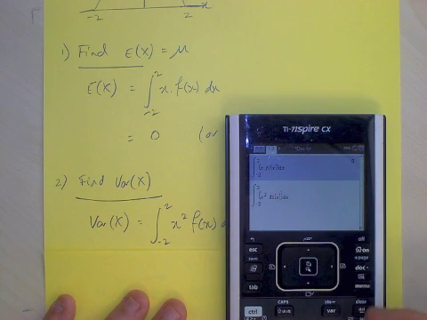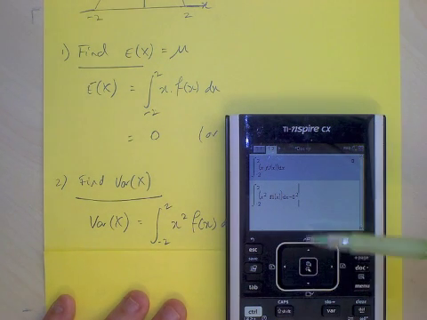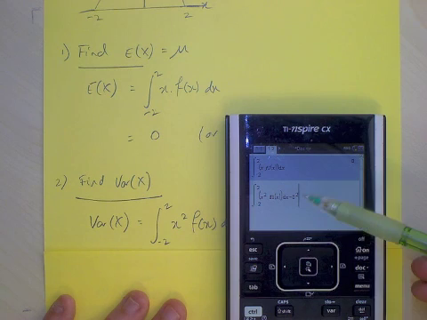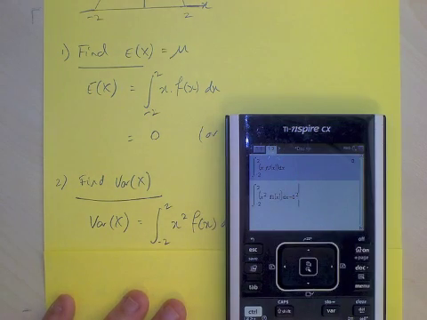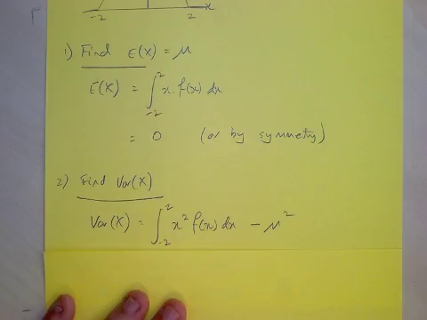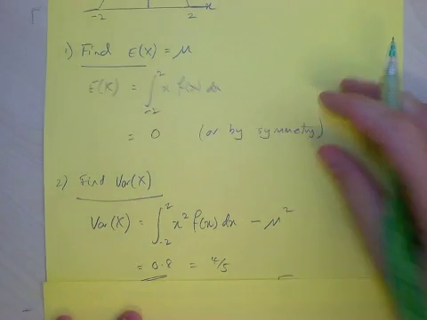Now, the classic mistake here is to forget to subtract the mean squared. In this question it wouldn't matter because the mean is 0, but a common mistake is to forget to subtract that mean squared. If we do that, then I've got the answer of 0.8 or 4/5.